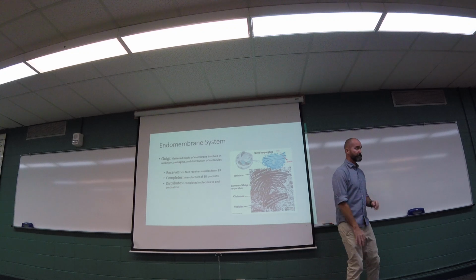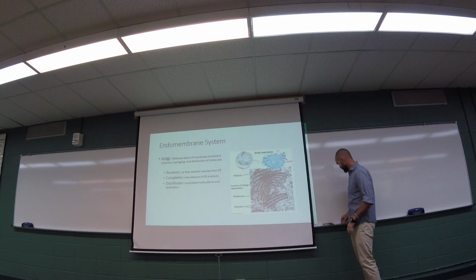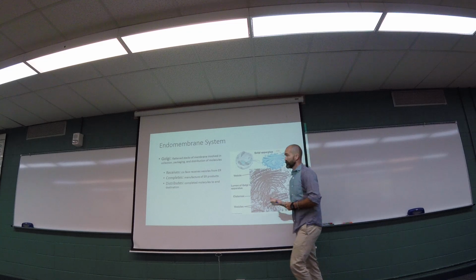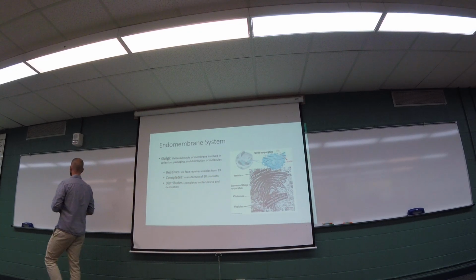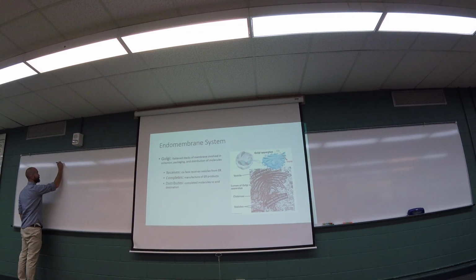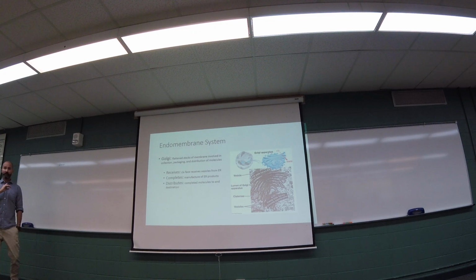So the Golgi apparatus has a similar construction to our endoplasmic reticulum. And it's a series of flattened stacks of membrane. So it's a highly convoluted membrane sac.